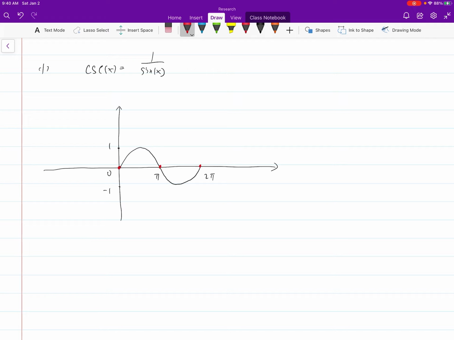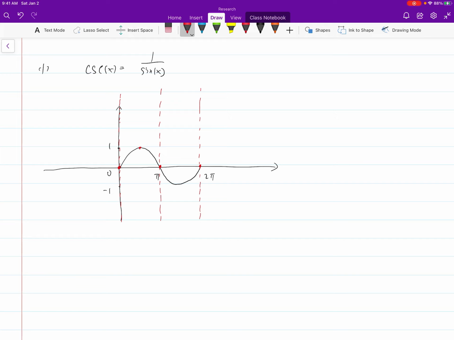Now let's look at several special points. Number 1, at here and here, your sine is 0. Then 1 over sine is going to be undefined. Therefore, you have a vertical asymptote here, vertical asymptote here, and a vertical asymptote here for one complete cycle.